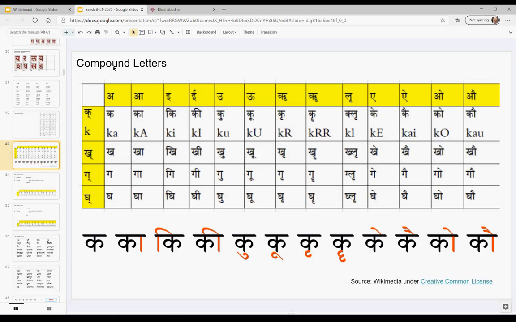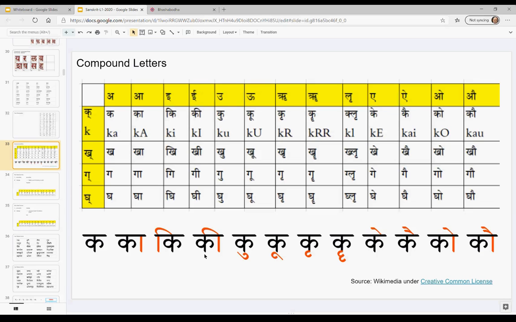Other vowels are there. These are called compound letters. Compound letters are the consonants, the vyanjanam, plus the vowels added to them. All these are compound letters, like ka, ka, and this kha, kha, ki, ki, etc.